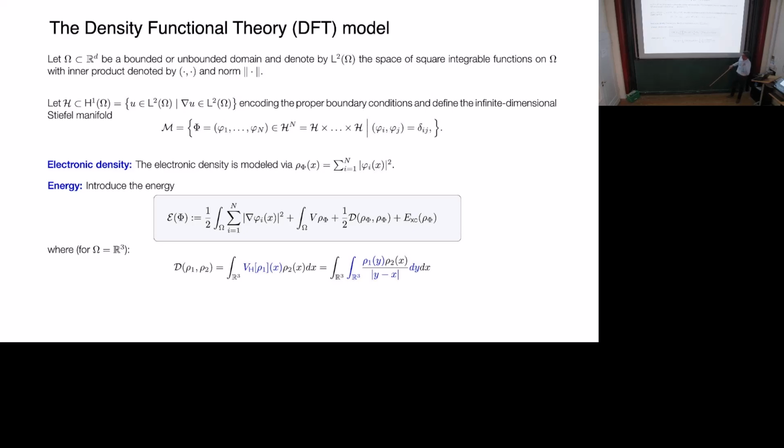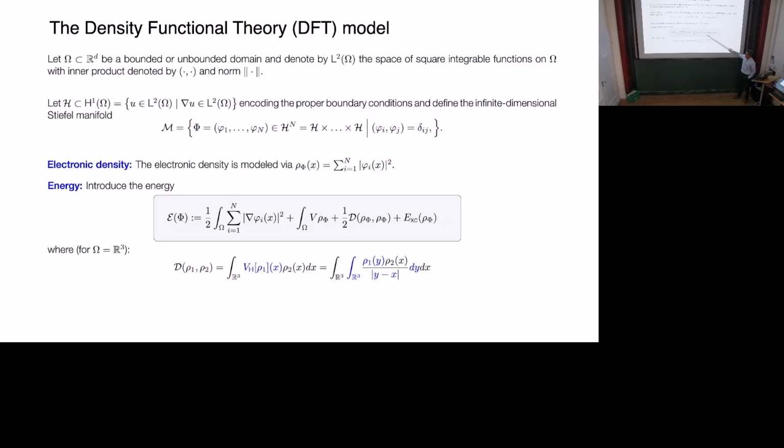Every electron has its eigenfunction. This is the kinetic energy of the ith electron. This is again the external potential, that's the same as before. You could also rewrite this in a sum and take the sum out, and then there would be phi squared here. Very similar to Gross-Pitaevskii.